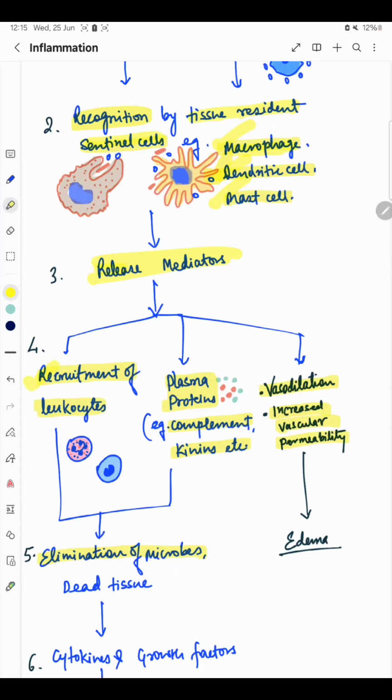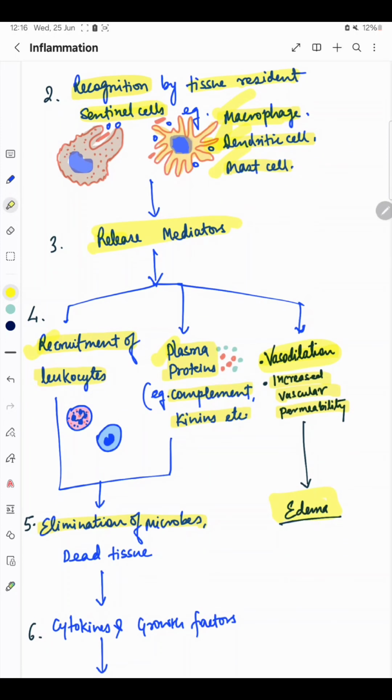First, they recruit the leukocytes, mainly neutrophils and macrophages. They release some plasma proteins like complement and kinins, and by the release of the mediators, there will be vasodilation and increased vascular permeability, which result in swelling or edema.